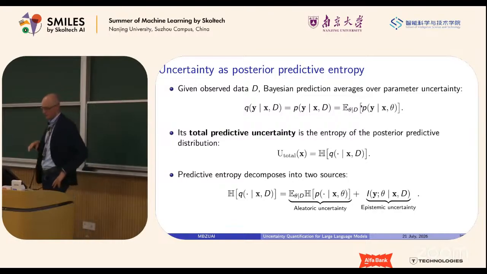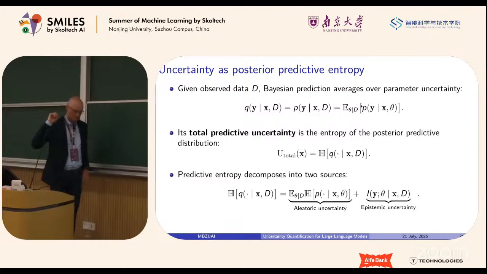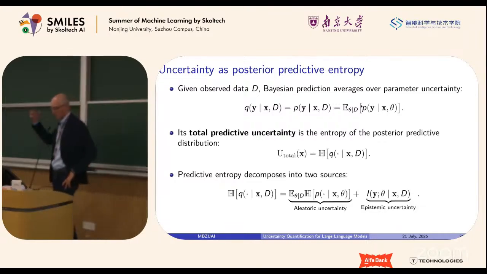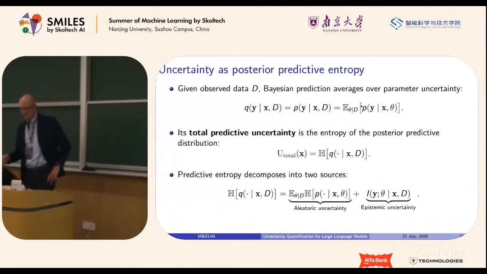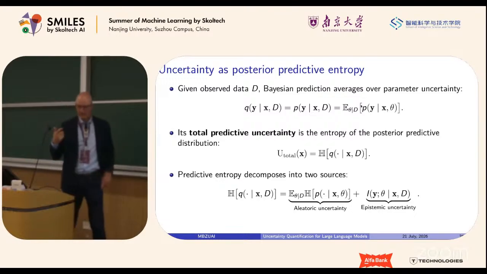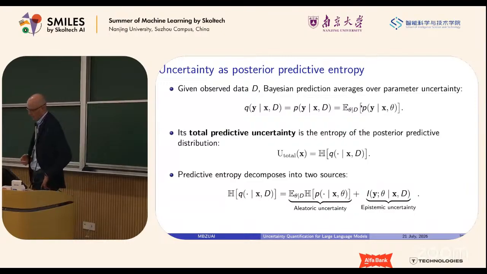According to this definition, let's say we have some approximation of our probability distribution using our model, and our uncertainty is basically the entropy of our predictive posterior. That's the total uncertainty, and it's possible to decompose it once again into components.